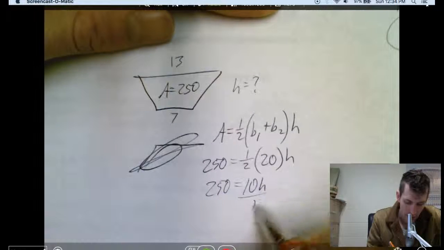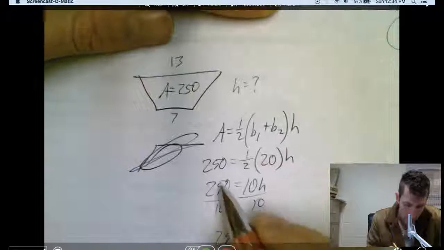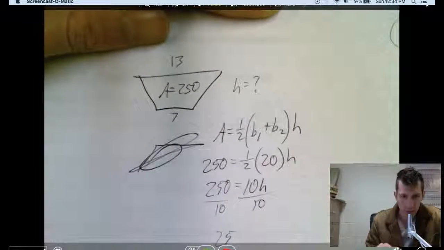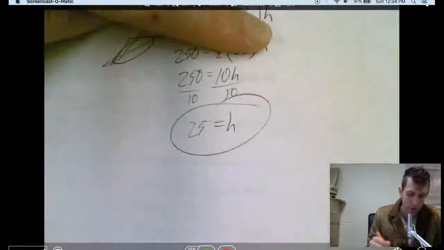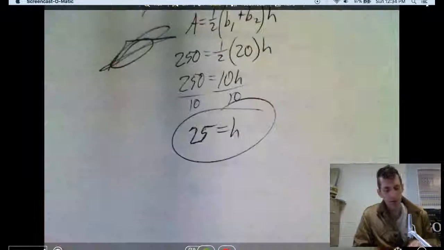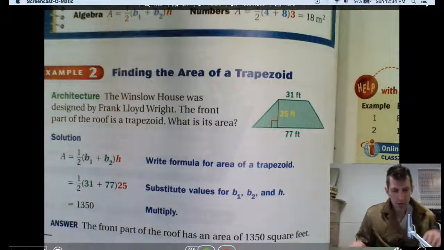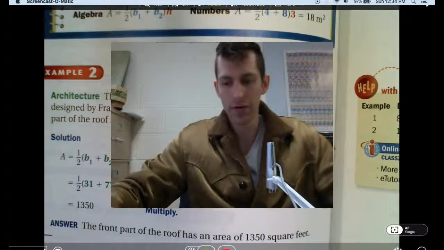Divide by 10 on both sides. Hey, this is a good example here. 250 divided by 10 just means take off a 0. And we're left with 25 for the height. That's working backwards. If you're given the area and you need to find the height, we need to find the base. All right, I think you should be fine with that.